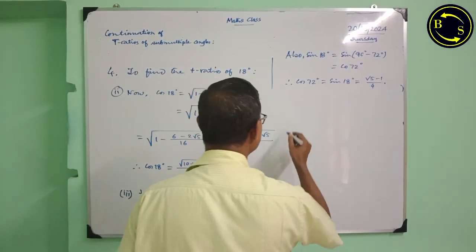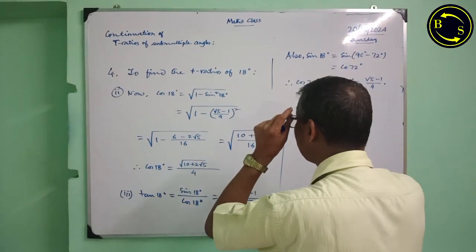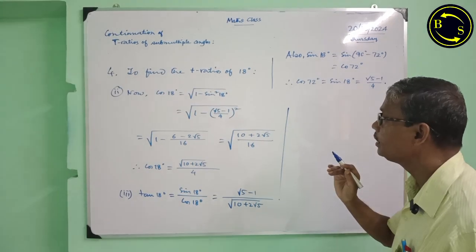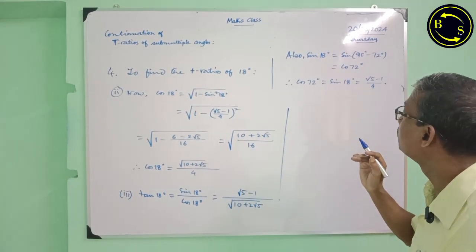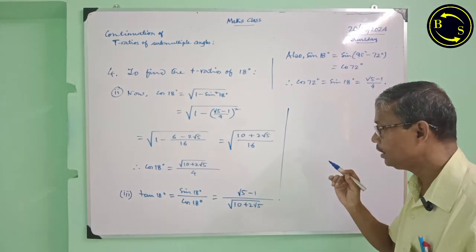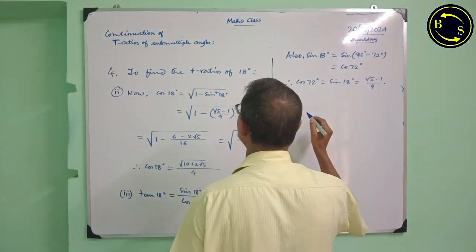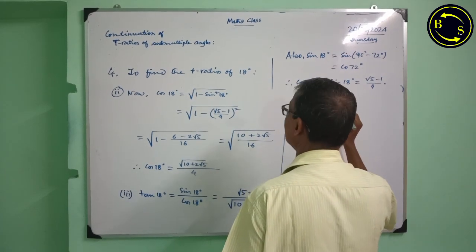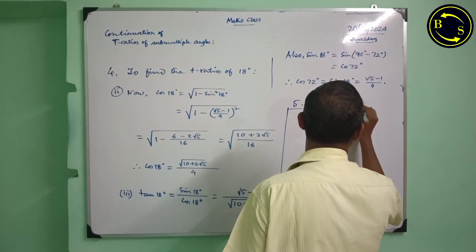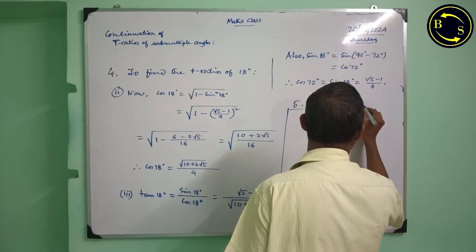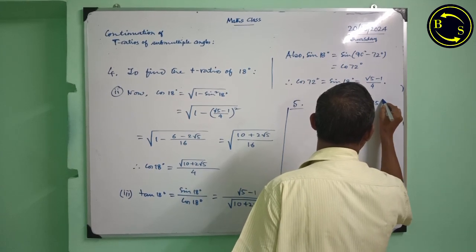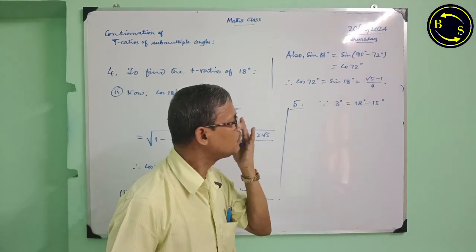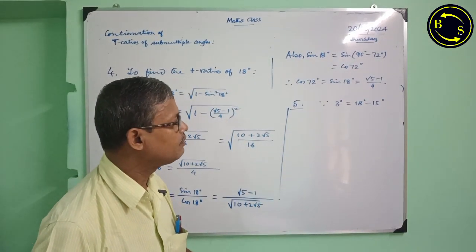Now already I have discussed, after finding the values of sin 18 degree, cos 18 degree, tan 18 degree, and also we have got the values of sin 15 degree, cos 15 degree, tan 15 degree, we can now find the values of 3 degree, which is equal to the difference of the angles 18 degree and 15 degree.